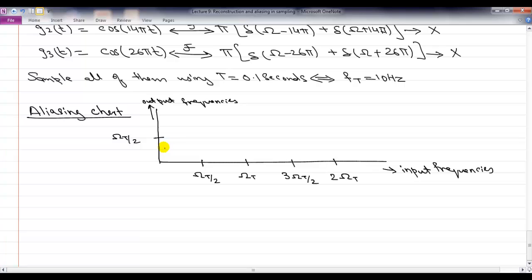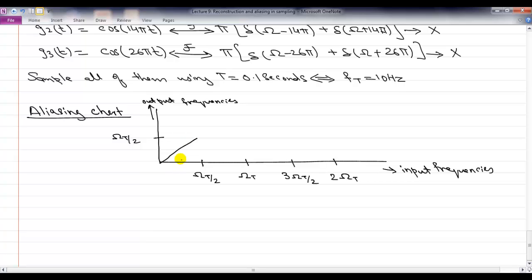As long as your input frequency is smaller than half of your sampling frequency, which is just the reverse of the sampling theorem, you get back exactly what you input. If I input a frequency of 3 hertz, I get back 3 hertz.